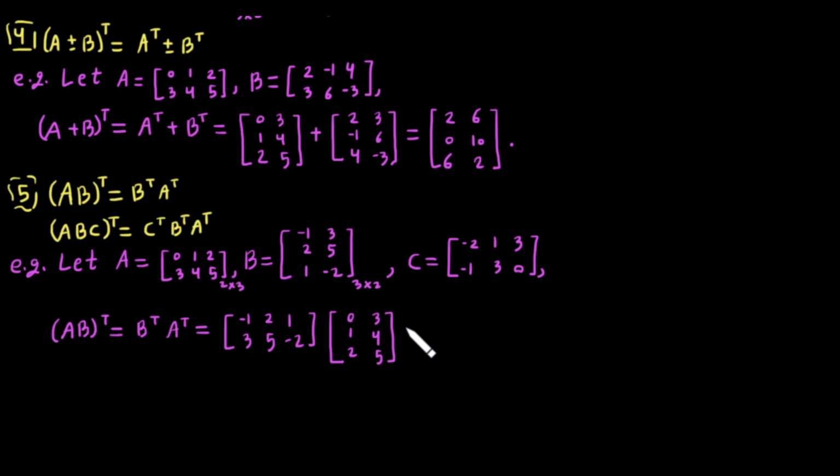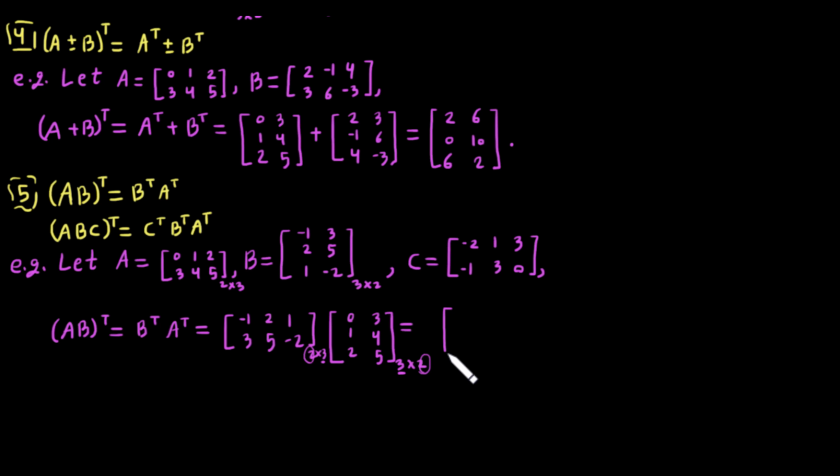Now let's compute the result of multiplying this matrix by this matrix. Since this size is 2 by 3 and here the size is 3 by 2, this one has to match this one. So the size of the resulting matrix has to be 2 by 2.